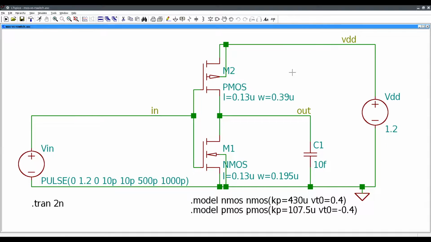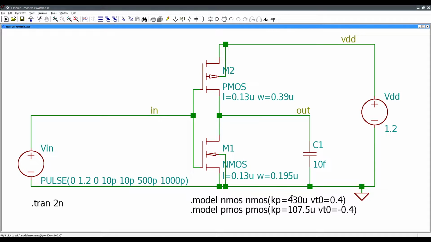All right, so first off, this PMOS, NMOS transistor model. For this example, I'm using models that are really kind of from the book, or at least a book. A threshold for the NMOS in the model you can see down on the bottom in the dot model statement. The mu sub n times COX and W over L are actually specified here as 430, and a threshold of 0.4 volts.